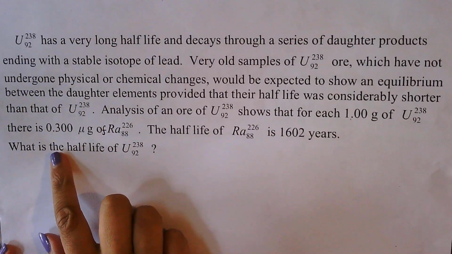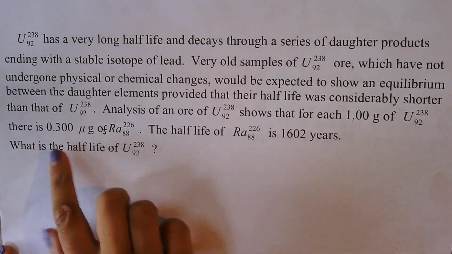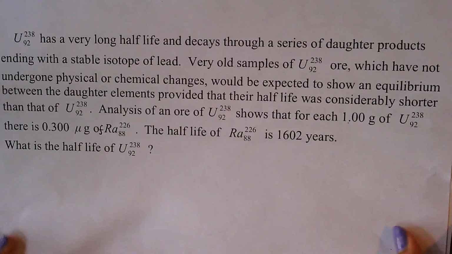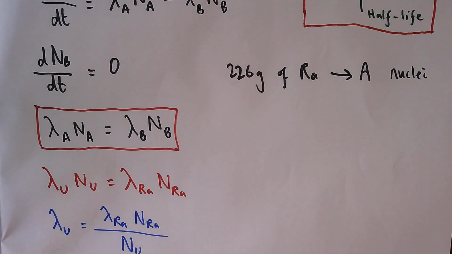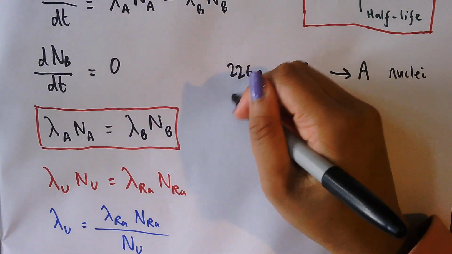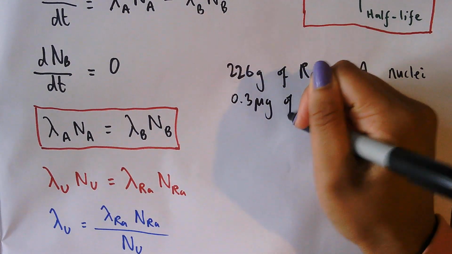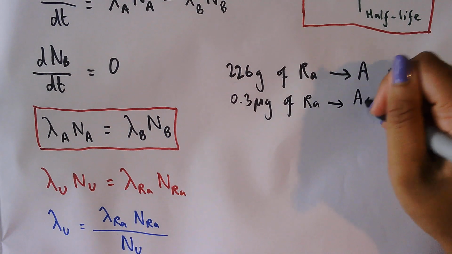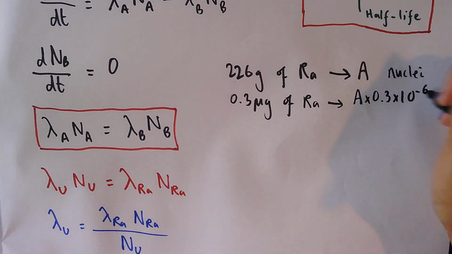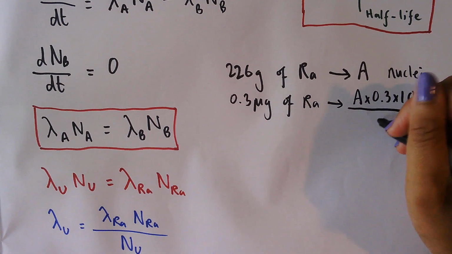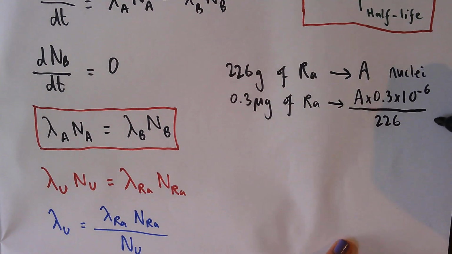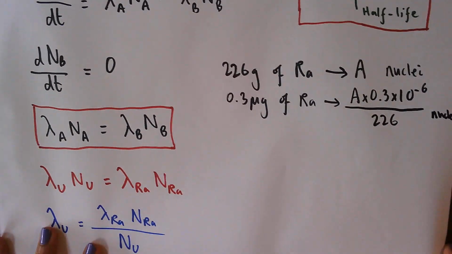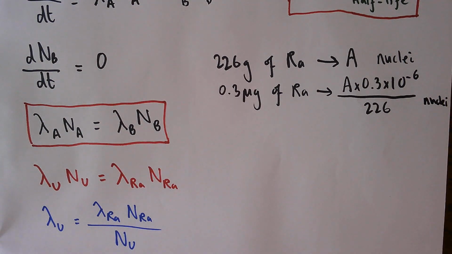The question tells us that for each 1 gram of uranium there is 0.3 micrograms of radium. So we need to work out how many radium nuclei there are in 0.3 micrograms. In 0.3 micrograms of radium, there is going to be A times 0.3 times 10 to the power minus 6 over 226 nuclei. So that is the value of N Ra.